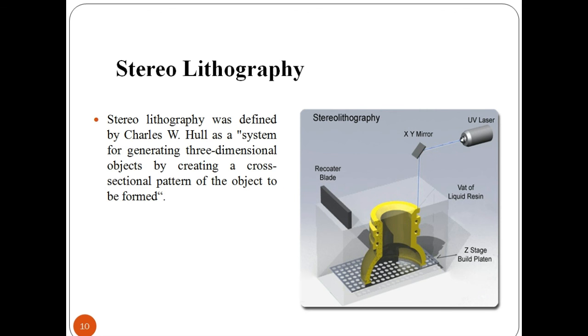Stereolithography was defined by Charles W. Hull as a system for generating three-dimensional objects by creating a cross-sectional pattern of an object to be formed. A stereolithographic 3D printer positions a perforated platform just below the surface of a vat of liquid photocurable polymer. A UV laser beam then traces the first slice of an object on the surface of this liquid, causing a very thin layer of photopolymer to harden.